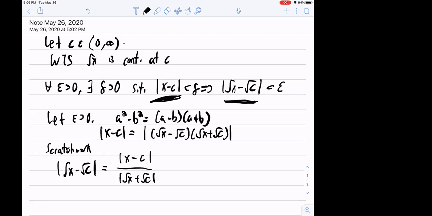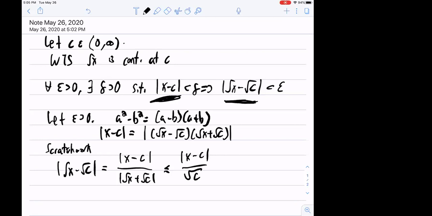Is everyone clear with this? And now I could just bound this by x minus c over root c, because if I divide by something smaller, it's bigger.